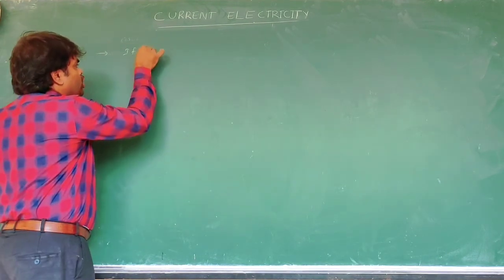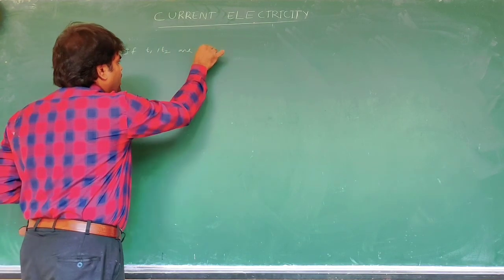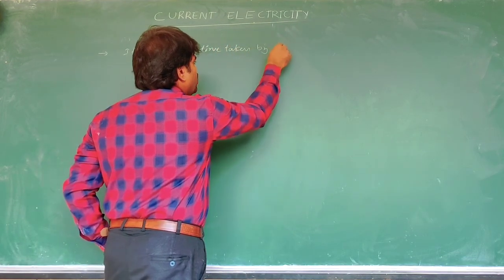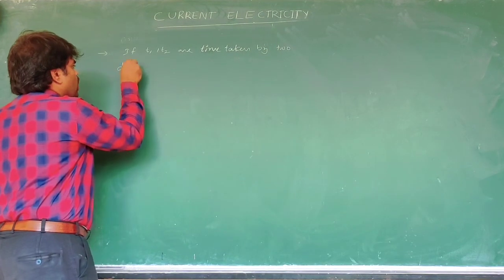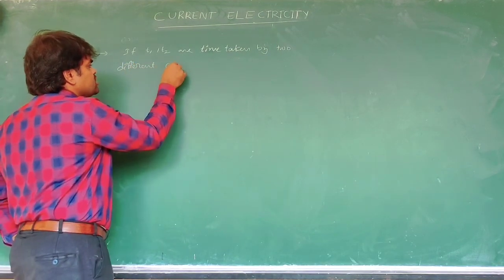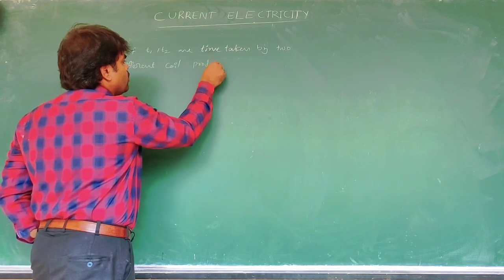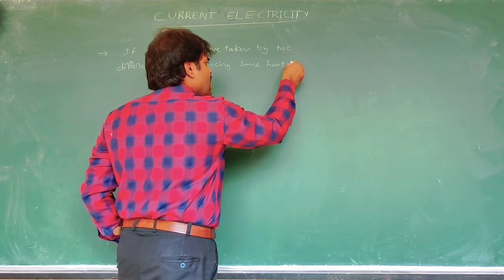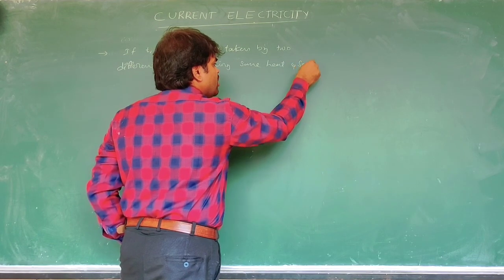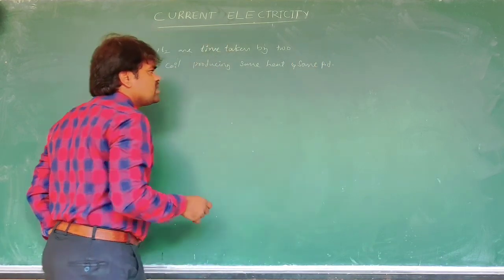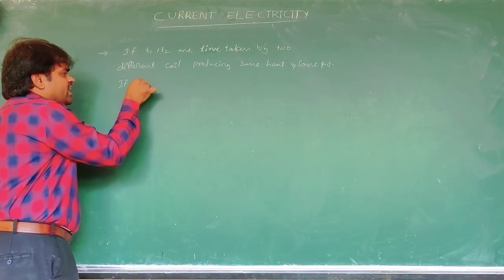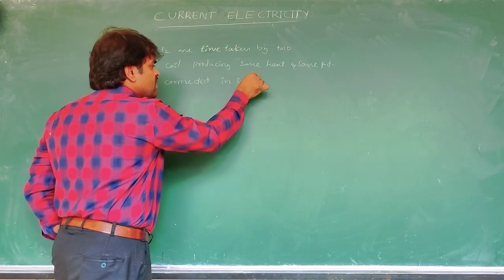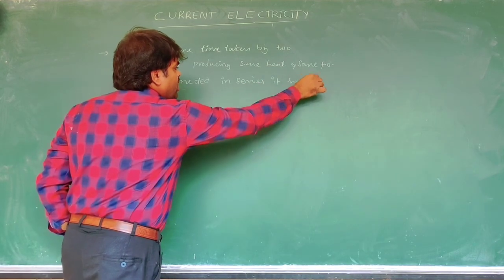If T1 and T2 are the times taken by two different coils producing the same heat with the same potential difference, if they are connected in series, they produce the same heat.